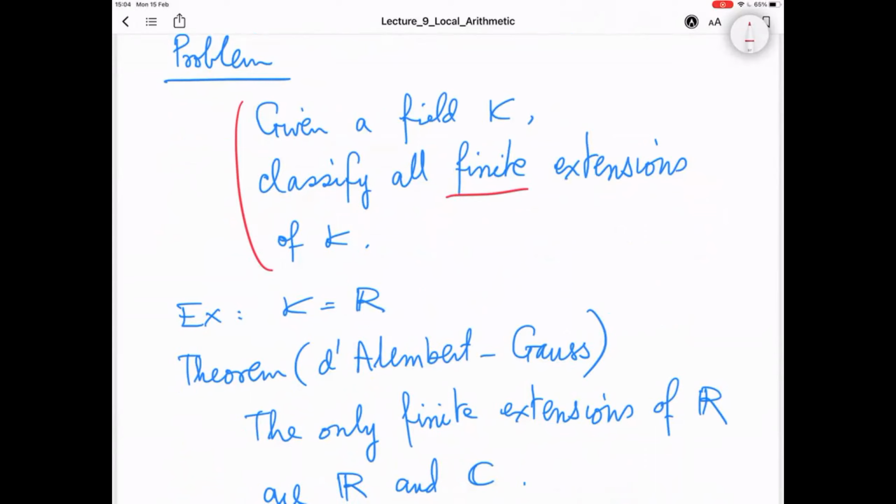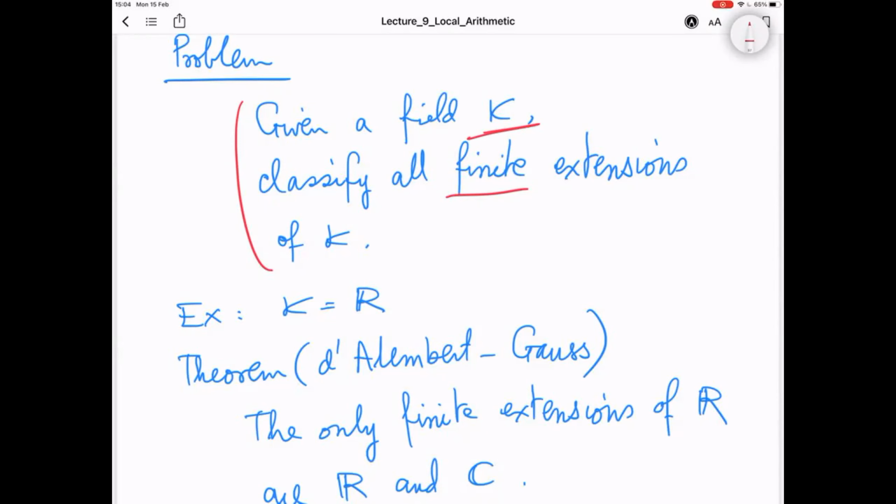You can do it only for very few fields. But as a working kind of idea as to what one would like to do, ideally, it's not a bad idea to start with this sort of problem that we have some field K which is fixed and we would like to classify all extensions of K.